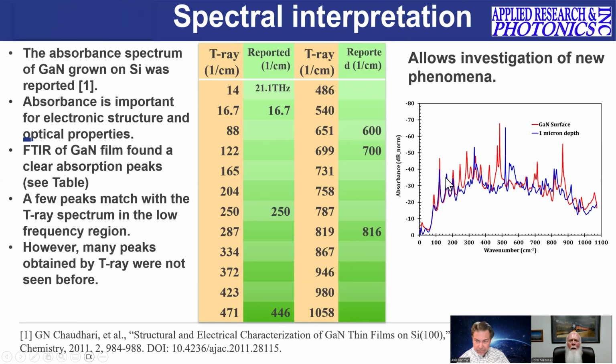But if you look at this spectrum, you see there are a lot more peaks than have been reported. That's simply because other methods don't have the sensitivity. And this is a good thing and a bad thing. Well, for discovery, you need to have all available information, which is what it gives.